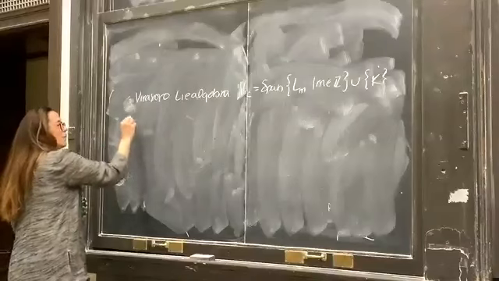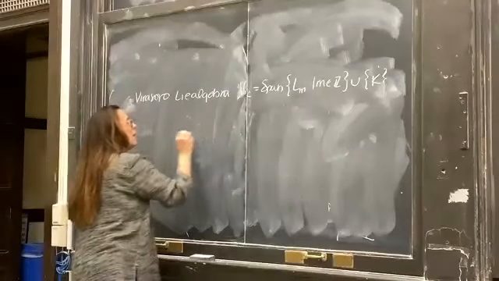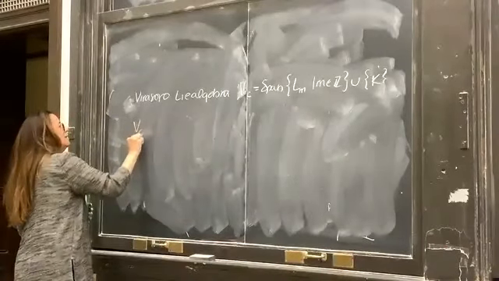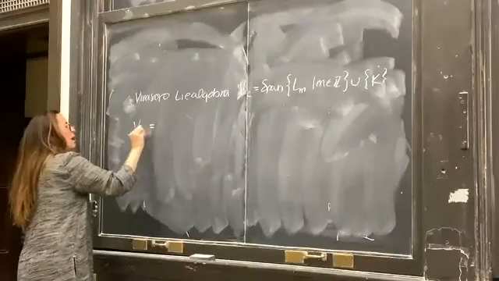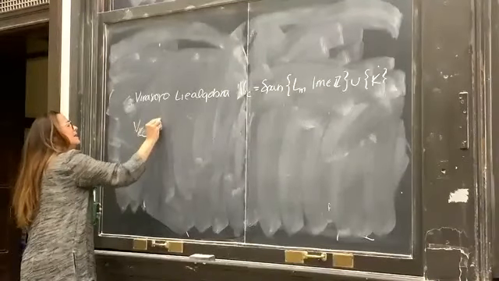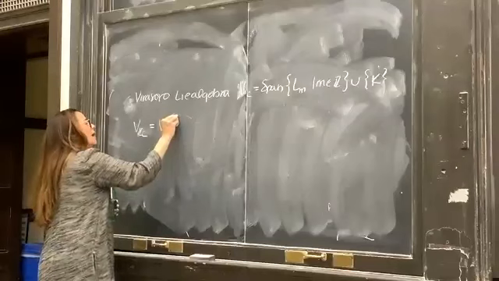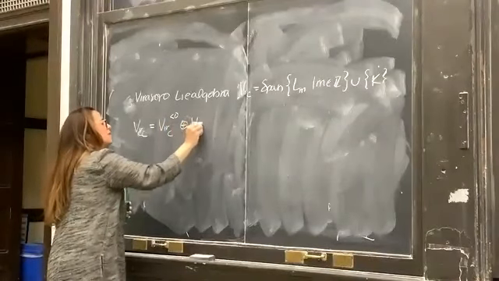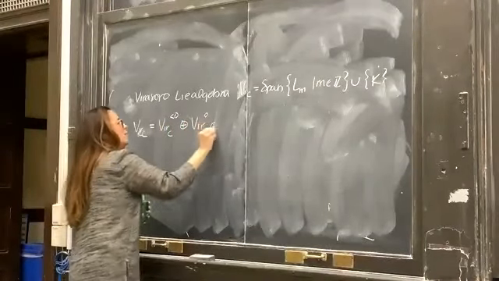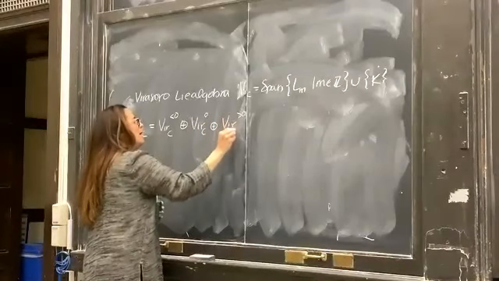The Lie algebra has a triangular decomposition: C into a negative part, a degree 0 part, and a positive part.